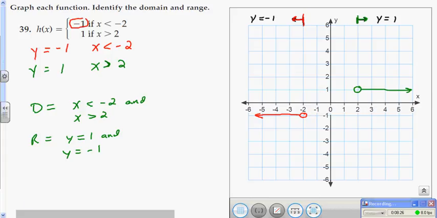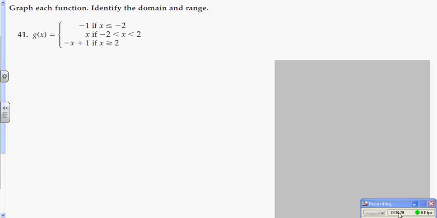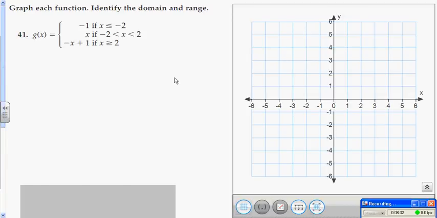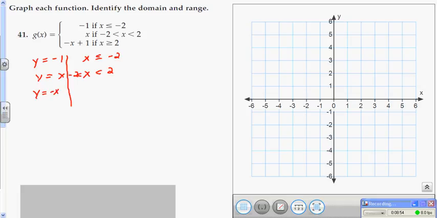Let's take a look at one more like this, which is a great question. So let me get this ready. Well, this one has the same idea, but we have different separations, so let me write it out this way. We have y equal to -1 when x is less than or equal to -2, y equals x when x is between 2 and -2, and we have y equals -x plus 1 when x is greater than or equal to 2.